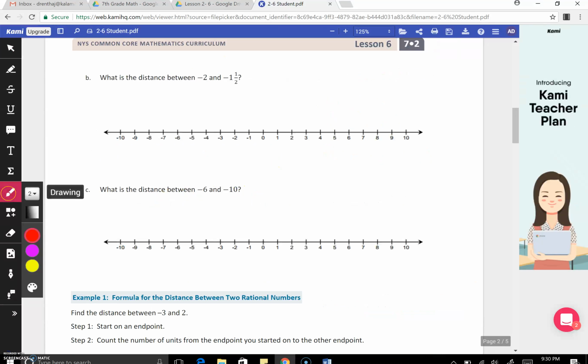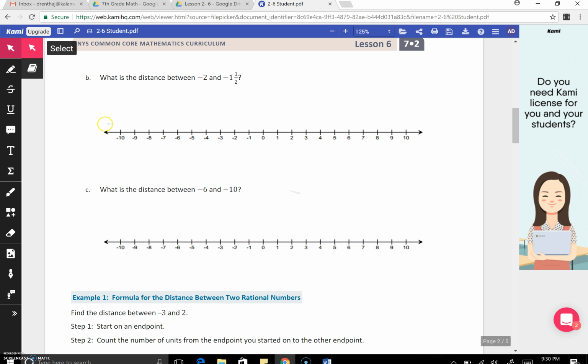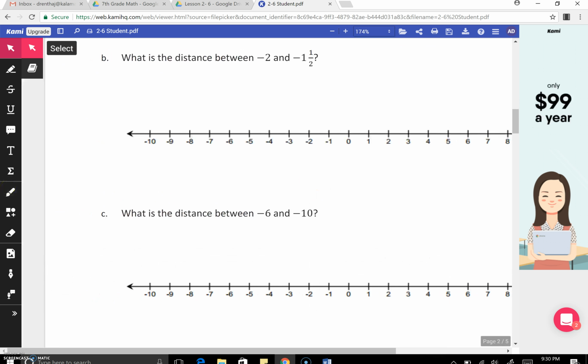So part B, we're going to get some rational numbers that are not integers. So it says, what is the distance between -2 and -1.5? So let's try that with just the number line way first. So let's mark -2.